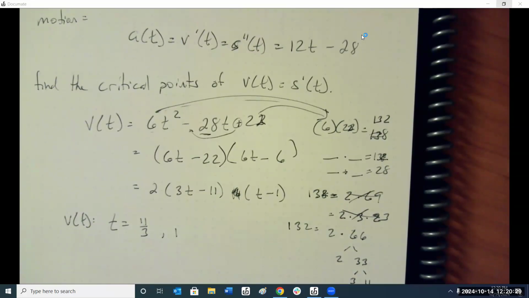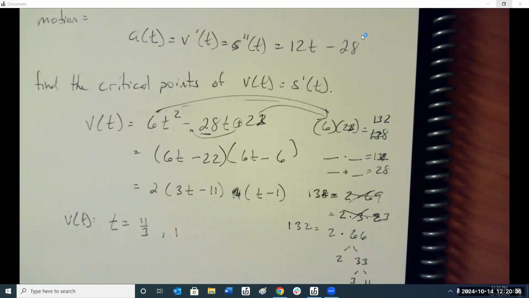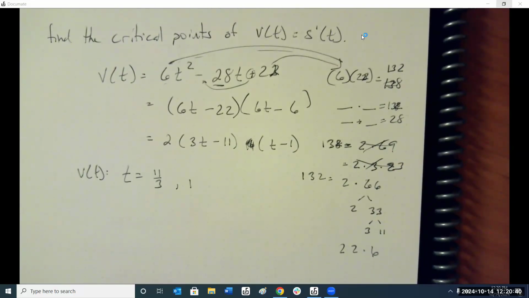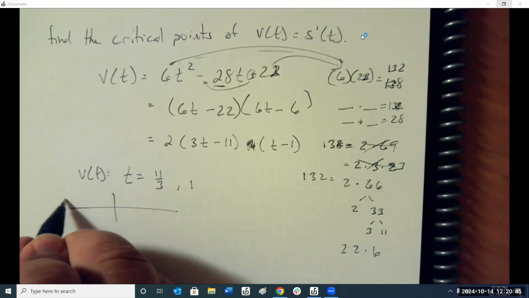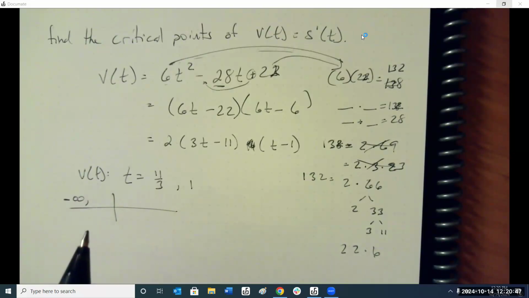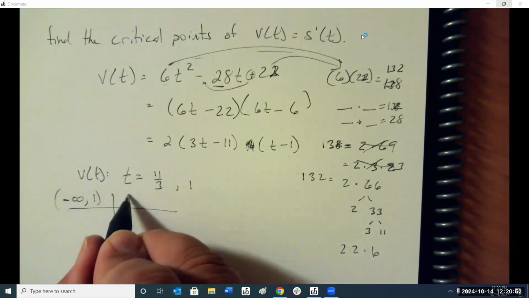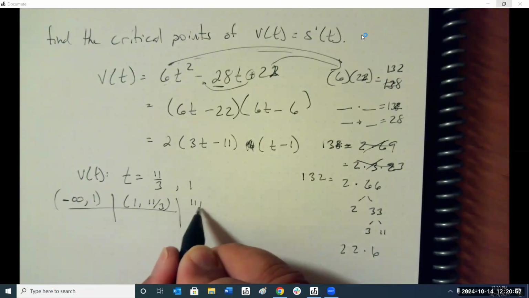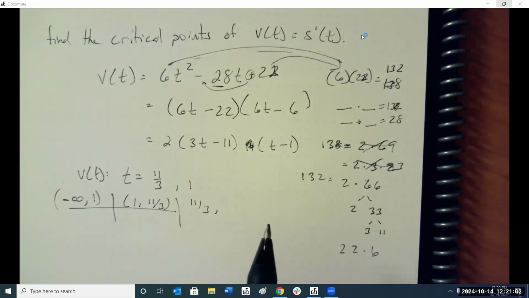Those are the critical points. Infinity to 1, 1 to 11 over 3, and then 11 over 3 to infinity.